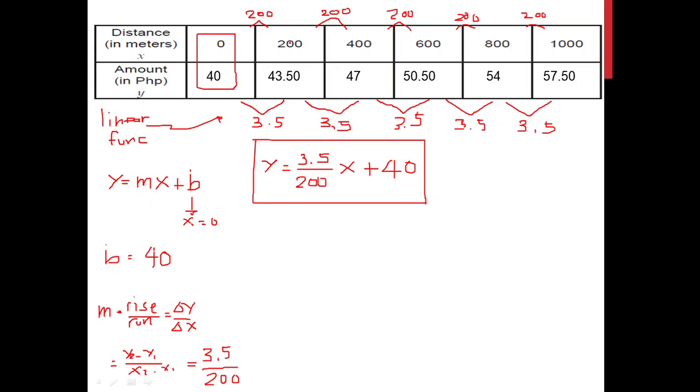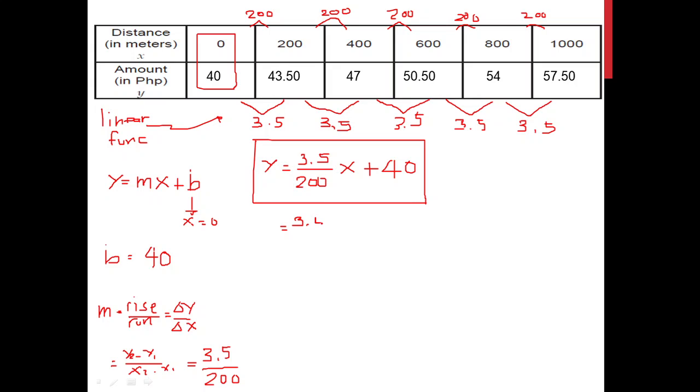When x is equal to 200, this is multiplication. We can just cancel 200 here and the denominator 200 here. So what's left is 3.5 plus 40, that is 43.5. Let me just write it here quickly, some of the substitution so that you will not be confused.